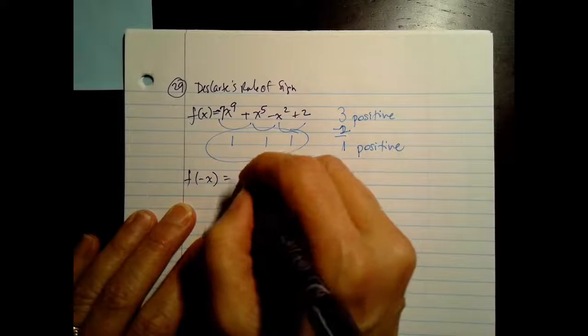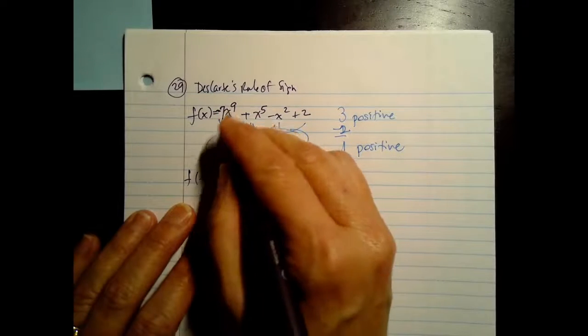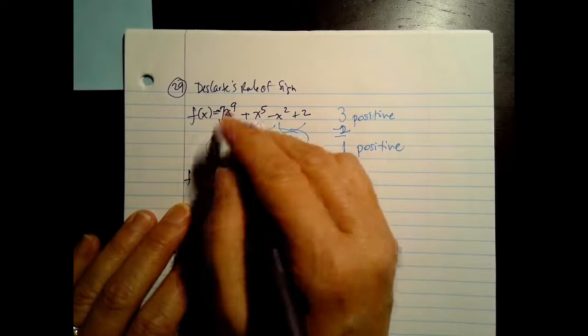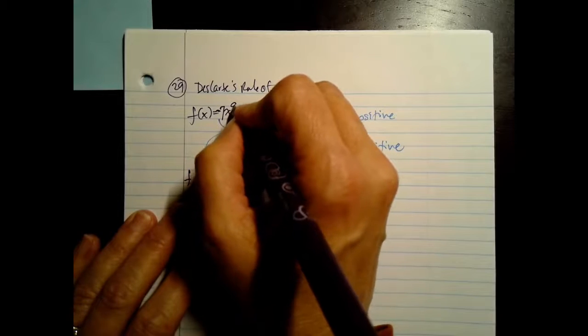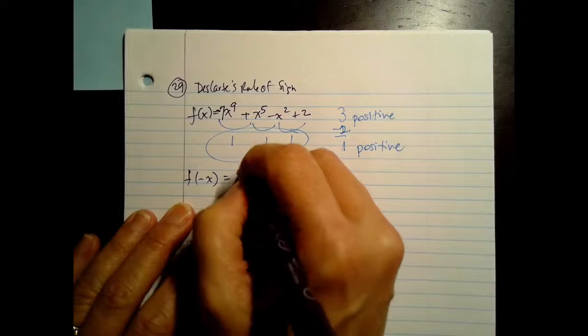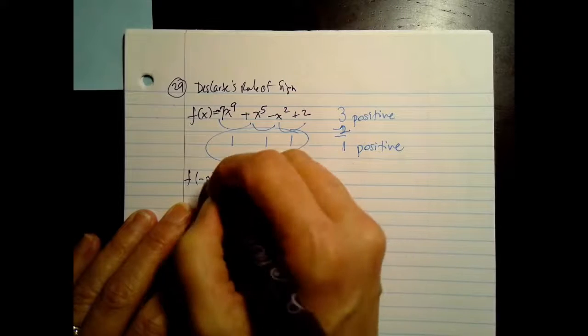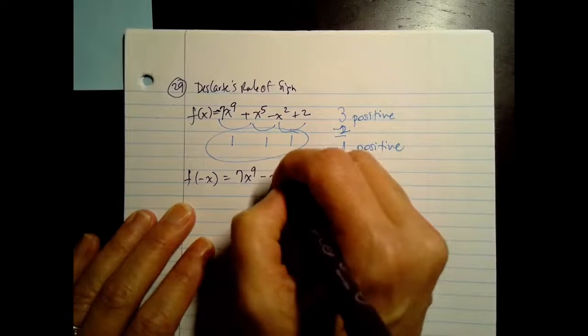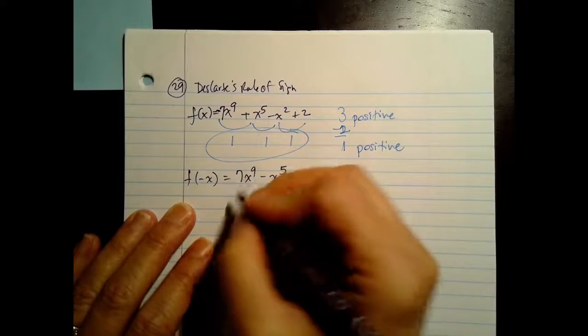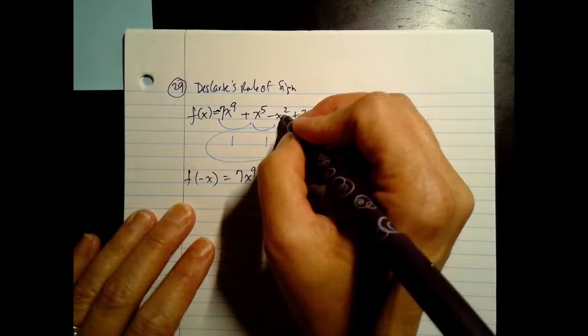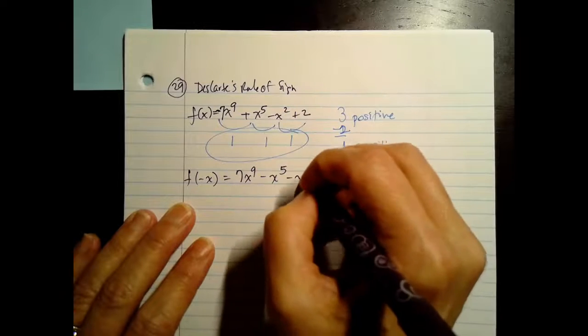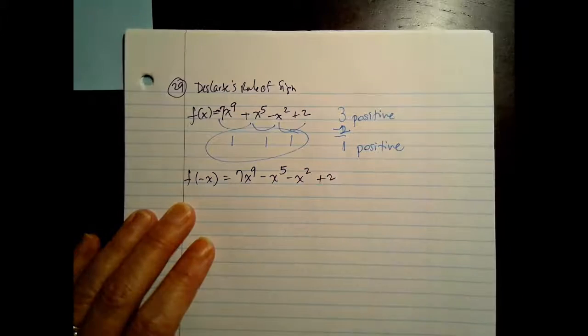And so substituting in minus x, our first term would be minus x. If I raise that to the 9th power, it's going to be negative. So this would be a positive. Minus x, that's going to be a negative because it's to the 5th. Minus x squared, that's going to make it a positive right here, but there's still a negative right there, so that'll be a negative, and then that one doesn't change.